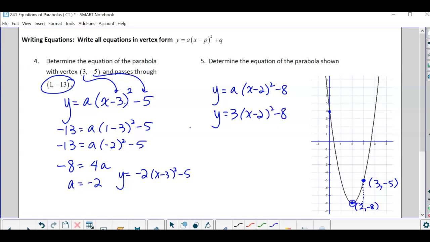Okay? You don't need to show work. If you do want to show work, then I would substitute negative 5 in for y when x is 3. So I'm going to show this in red. So you're substituting (3, -5).